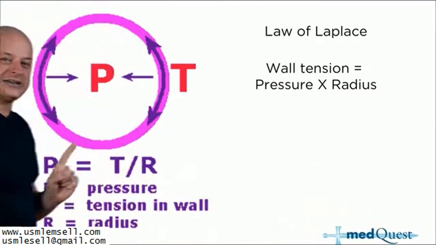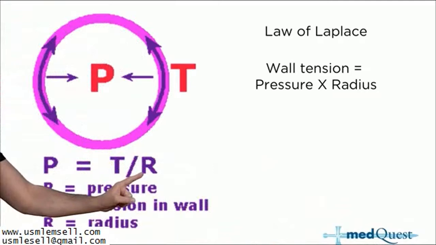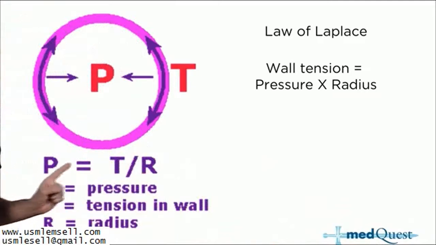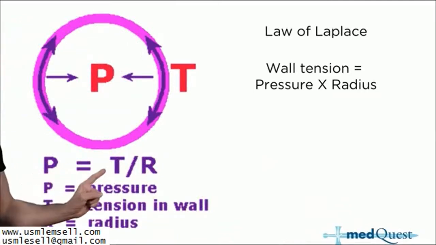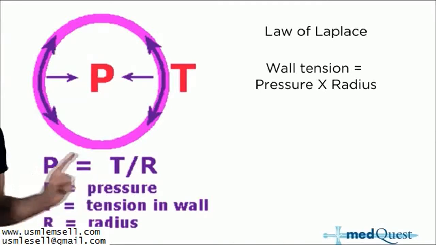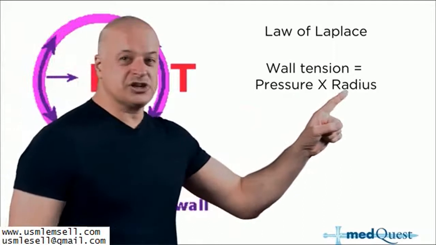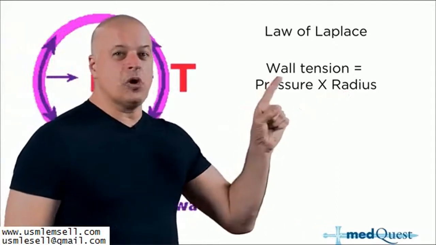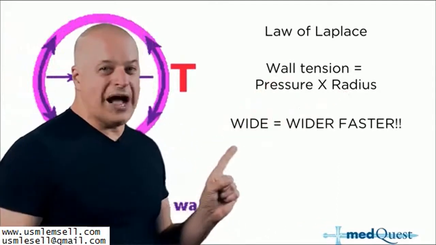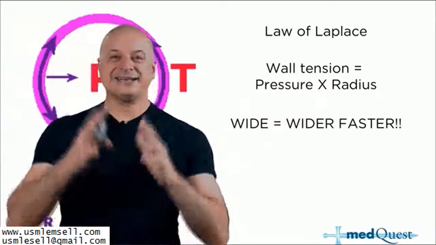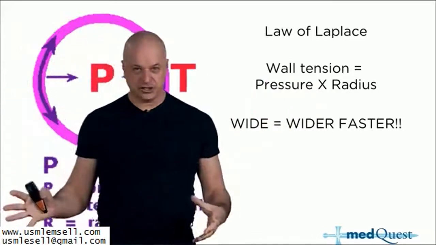So as the radius goes up, in order to maintain the pressure the same, the wall tension rises. And that means wider things widen even faster.